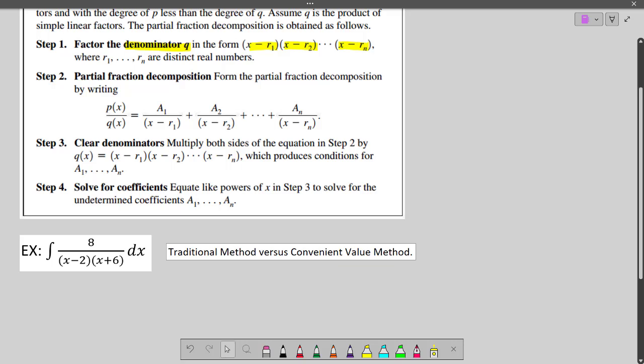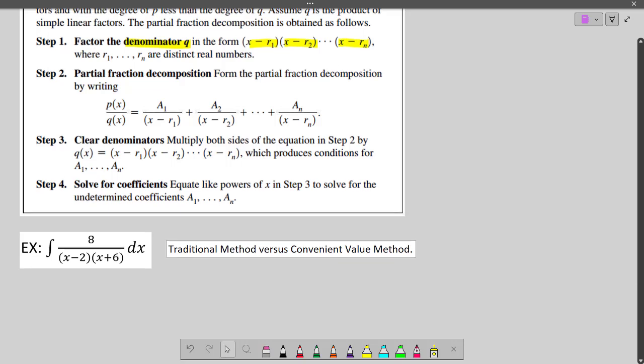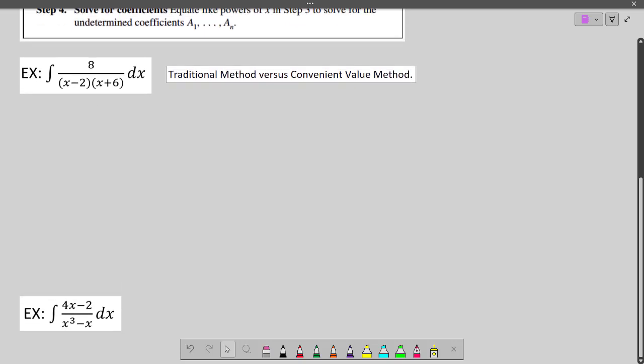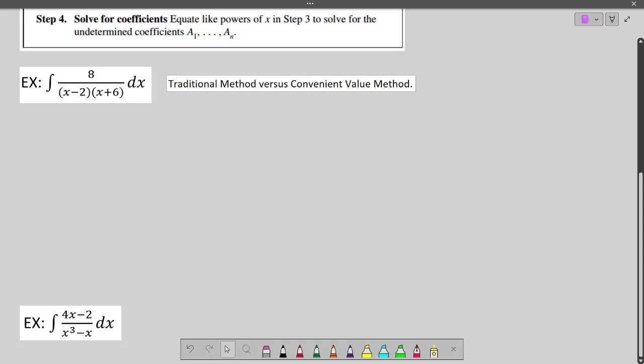And then we have to find these coefficients. So here's going to be our technique. There are a couple of ways to solve for these constants. We'll talk about these 2 different methods. So we're going to take what's inside here, the integrand. Now they already factored this for us.